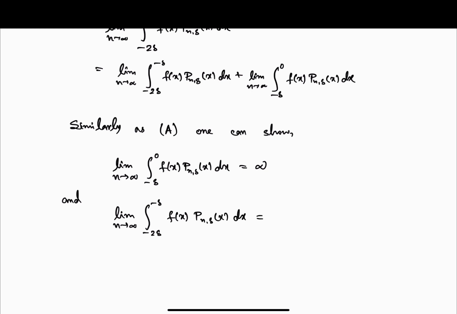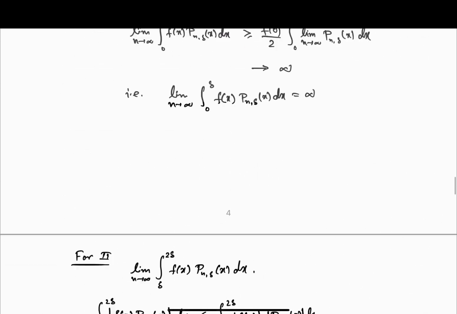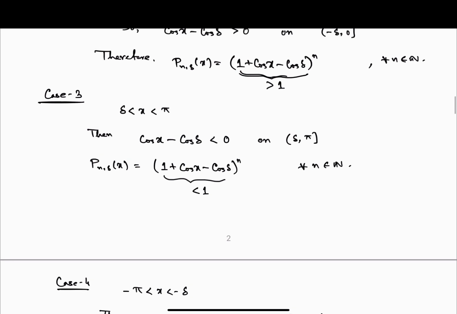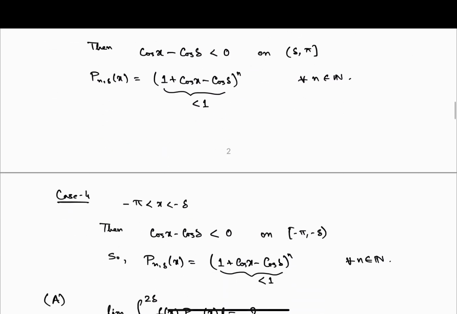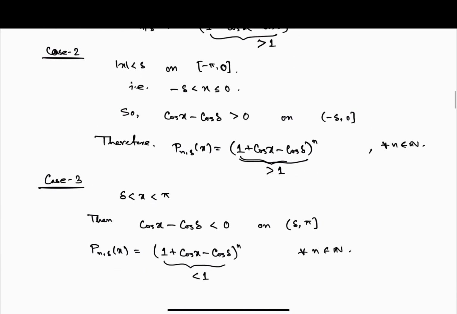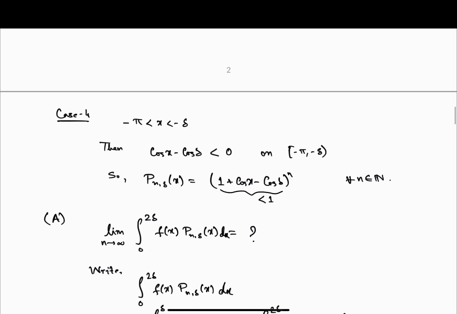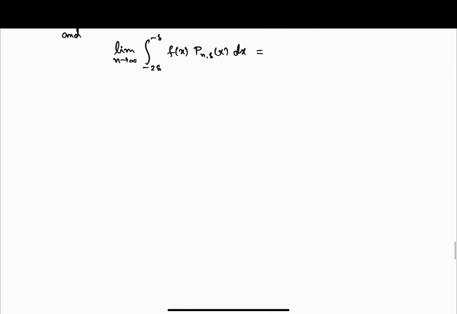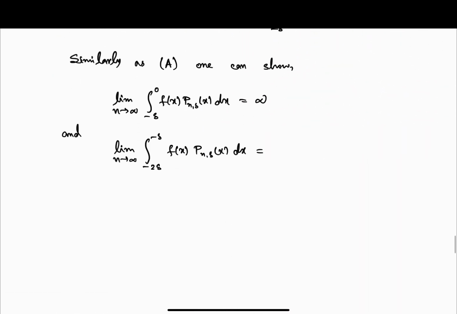And again in this part, minus 2 delta to 2 delta, you can use for this one, I think, case 3, sorry, case 4, minus 2 delta to minus delta. Here it is strictly less than 1, so the limit will go to 0. So this one will go to 0, so it is 0.